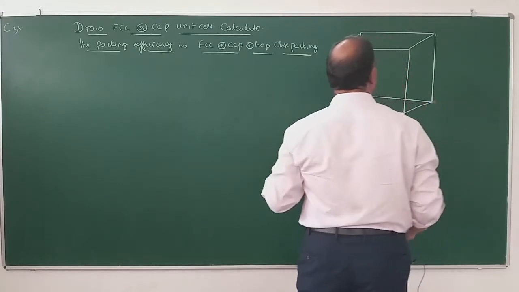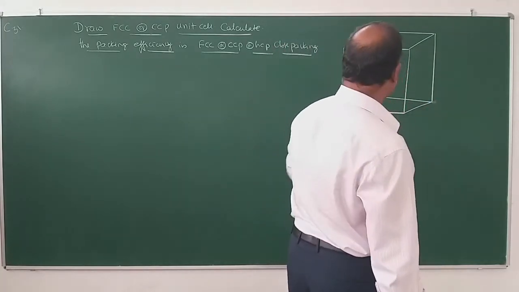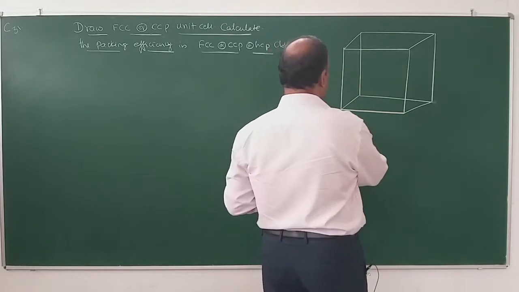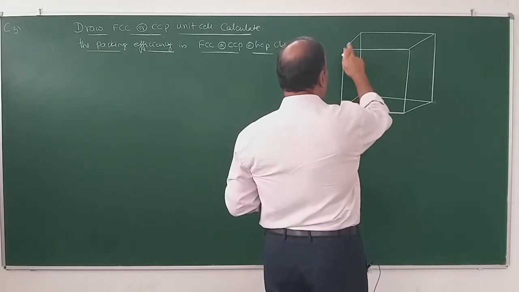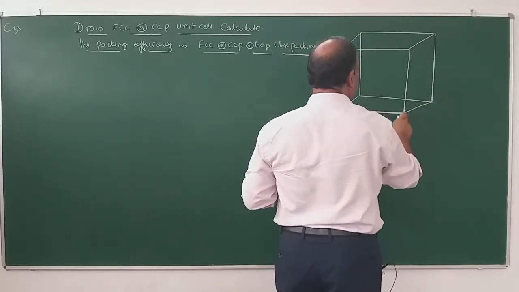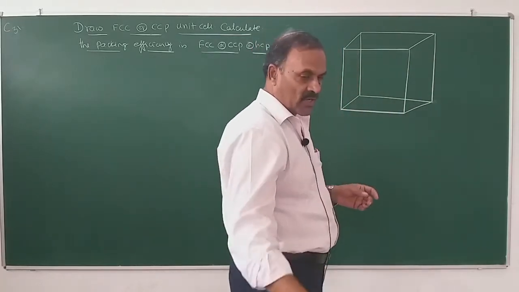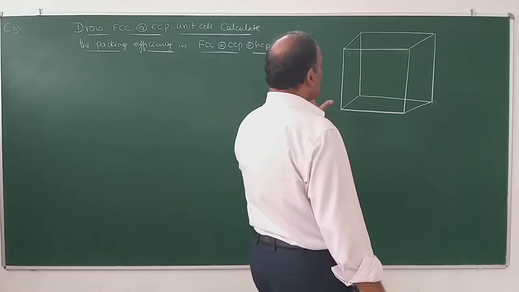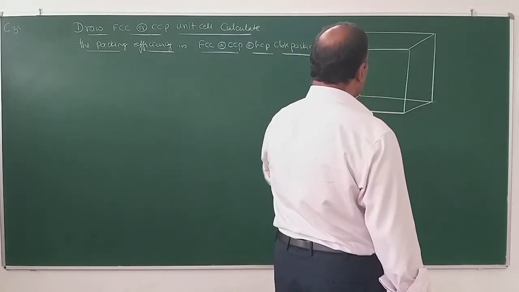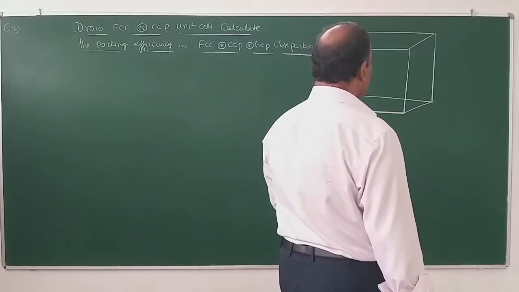So, in FCC, where are the particles present? In FCC, particles are present at the corners as well as at the center of the 6 faces, that is known as FCC. So, instead of drawing all the particles, I am drawing only 3 particles.